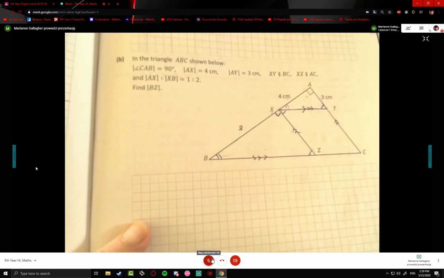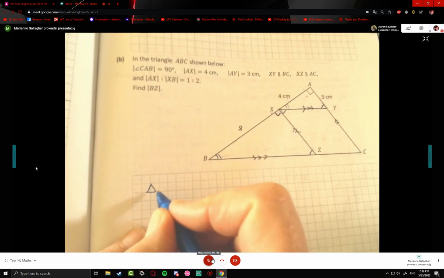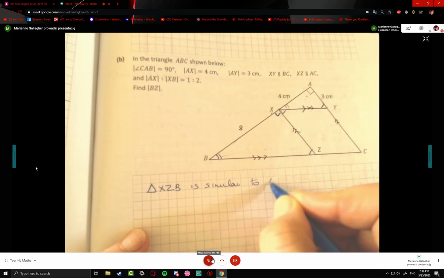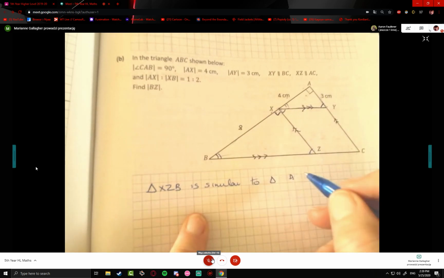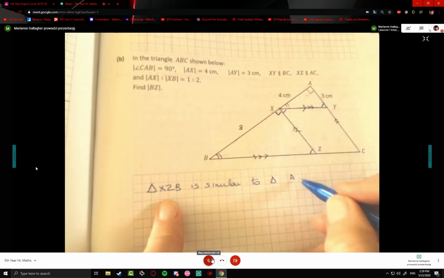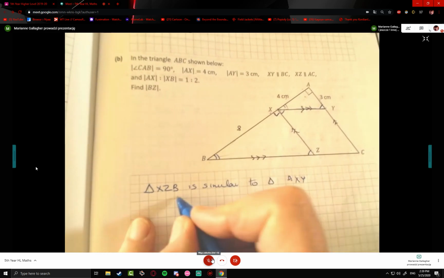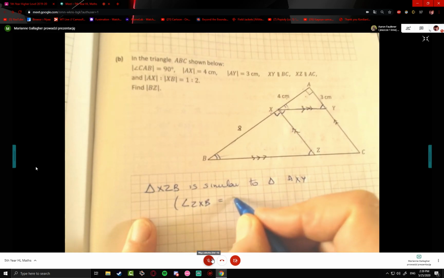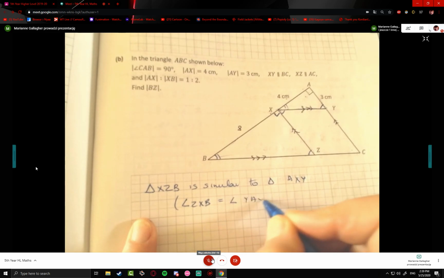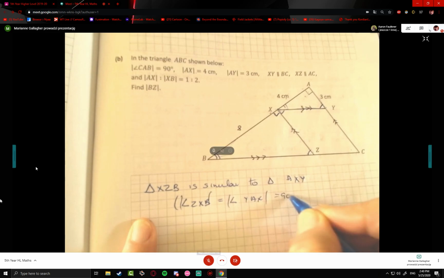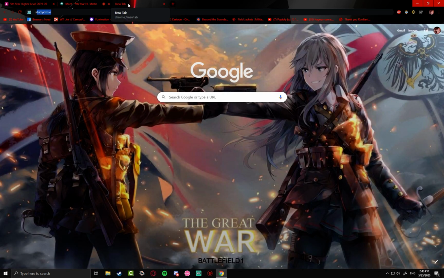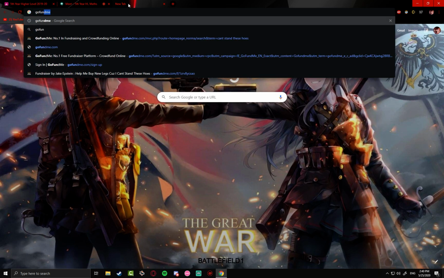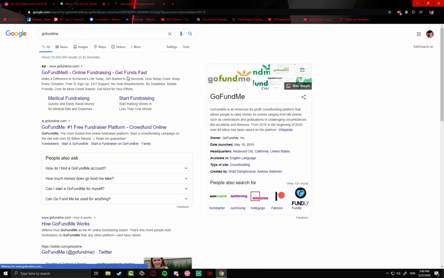You could write that down to show triangle XZB is similar to triangle AXY, and that's because angle ZXB is equal to angle YAX, which equals 90 degrees, and angle XZB is equal to angle AYX, they're corresponding, and then the remaining angle.